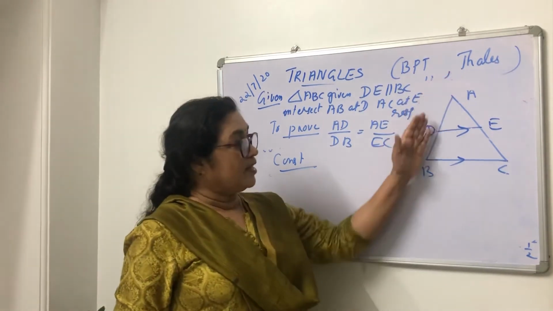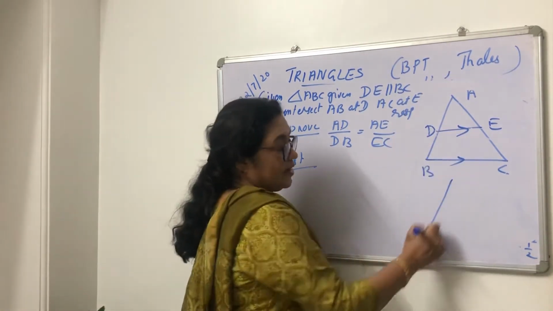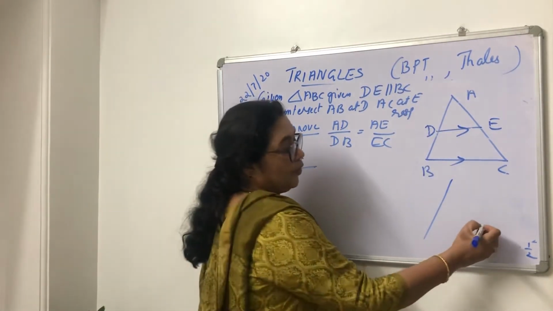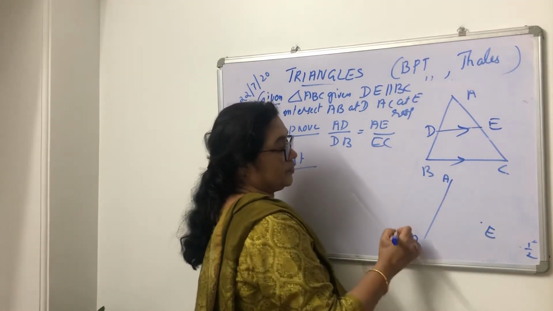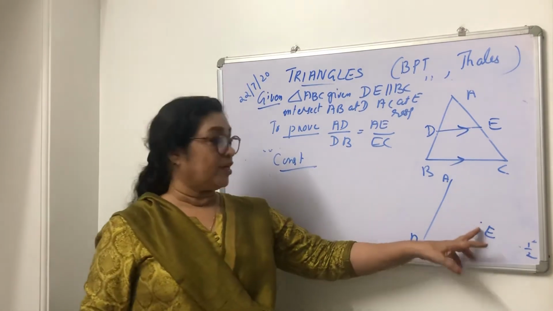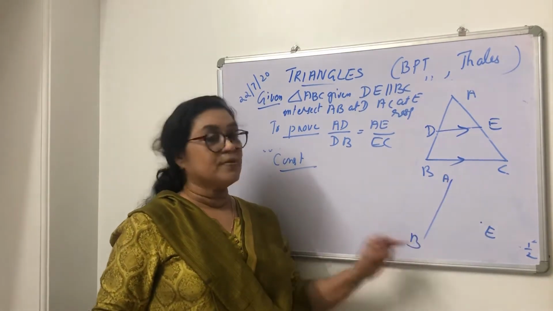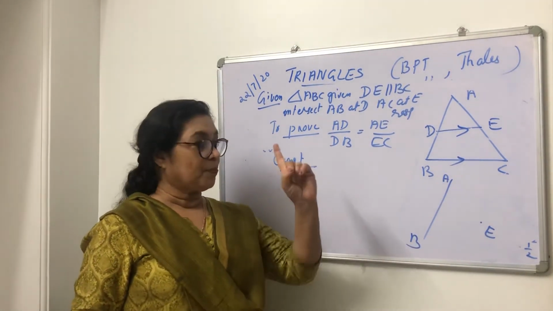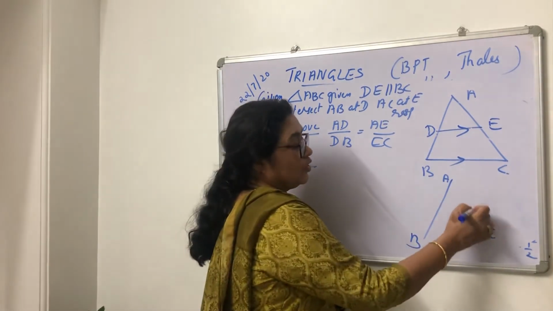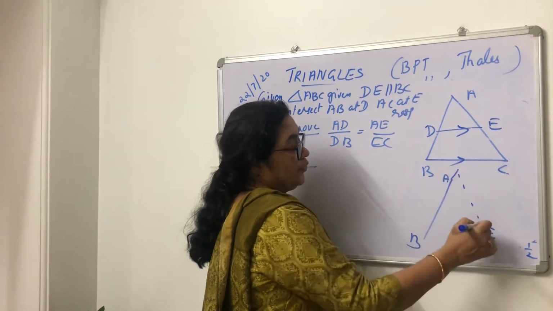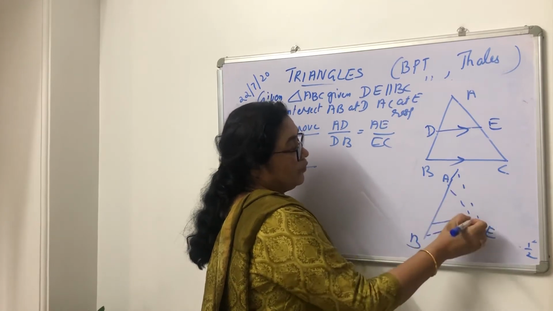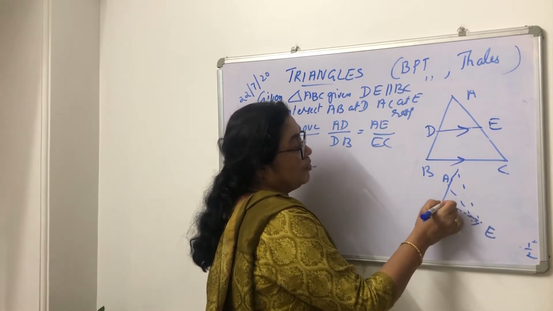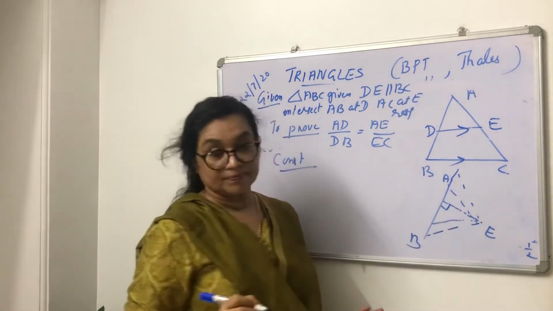See here, this is the line. One point E is here. How many perpendiculars can you draw from E to AB? So many lines you can draw from E to AB. Out of these, only one line will be perpendicular.